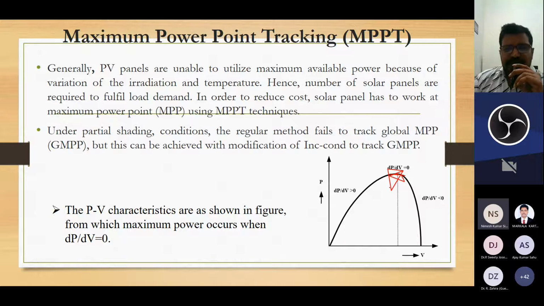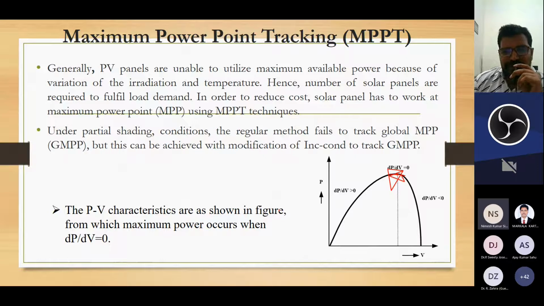Here this is the normal condition. When there is a partial shading condition, the regular methods fail to track the maximum power. Partial shading condition means some shadowing effects will be there. In order to track the global maximum power in the partial shading condition, there is a problem of local maximum and global maximum.